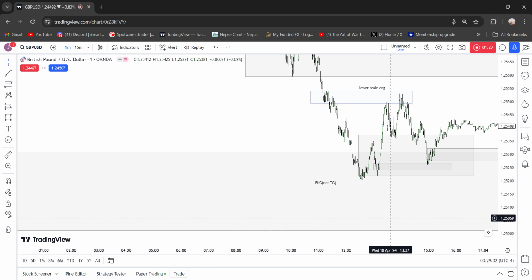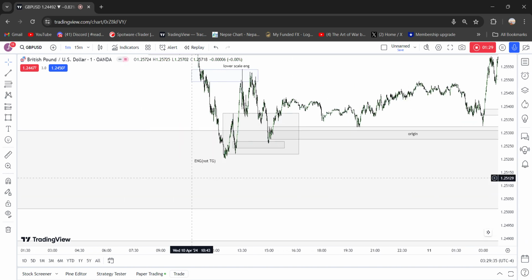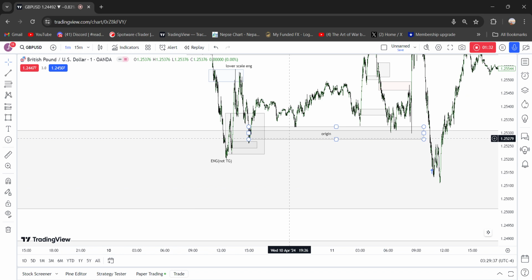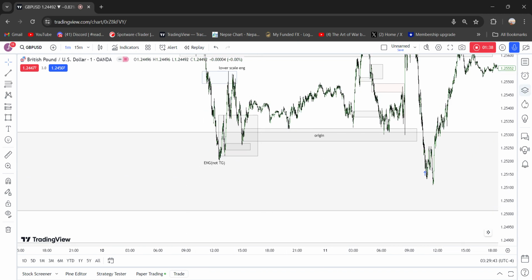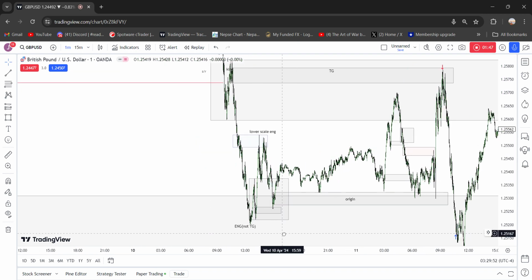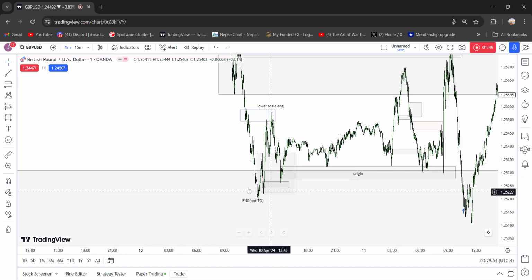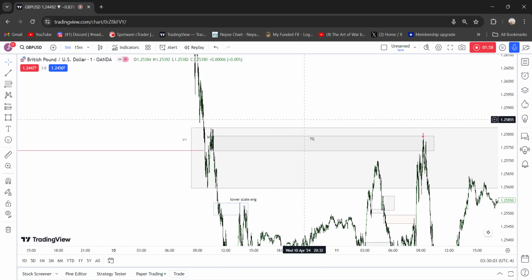How you can be sure of this is you have to analyze the higher time frame chart and see if this is a real fake out or not. Every time we try to take a trade, we have to be sure. If this is the seller's target, then this level should be the low of the market, and after that there should be some kind of target that should be met.